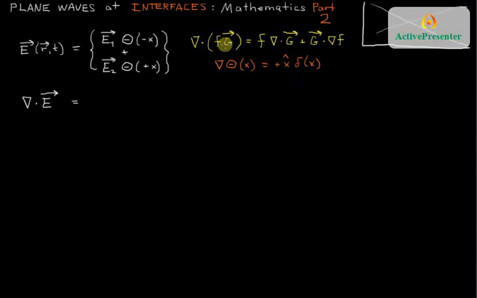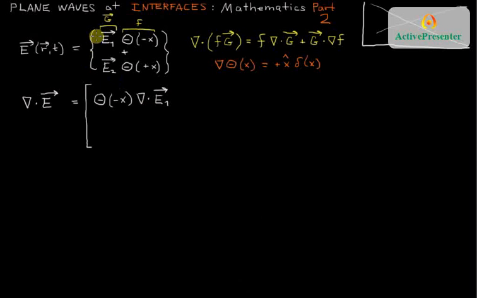I'm going to first evaluate this del.fg expression using the step function as my f and the plane wave as my g. So I'll set up a big brace here. So first f times divergence of g, that's going to be the step function, times the divergence of E, the divergence in this case of E1.